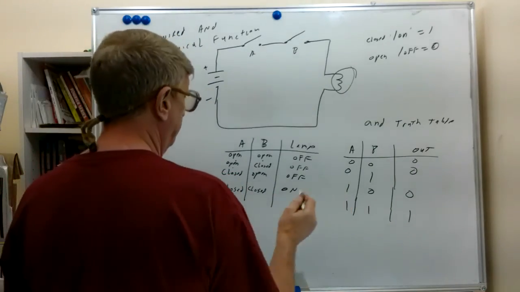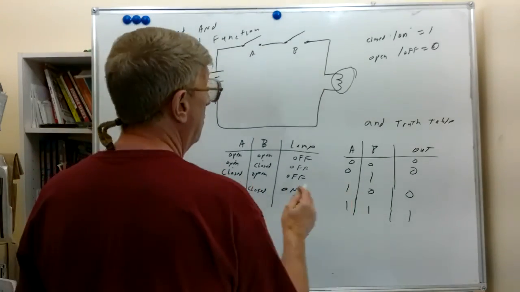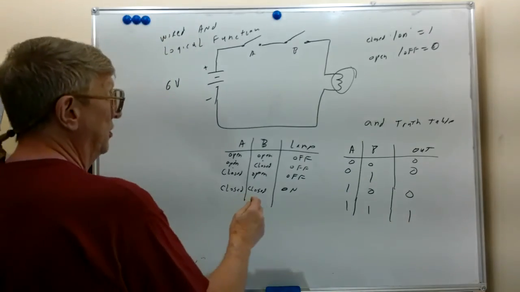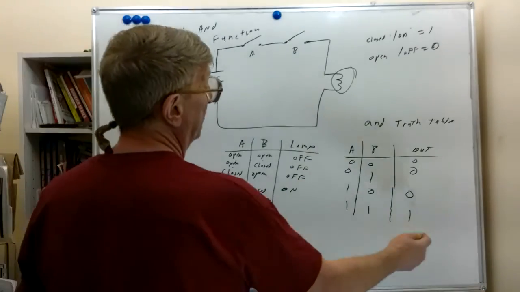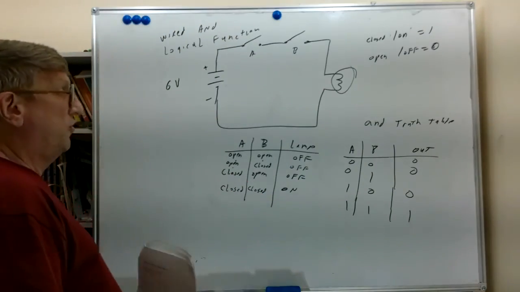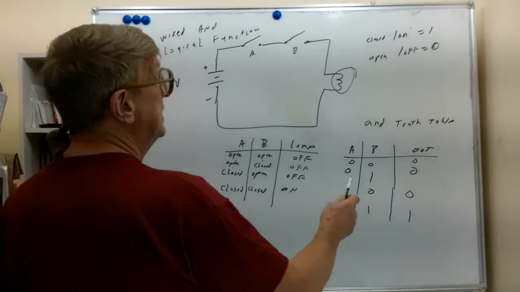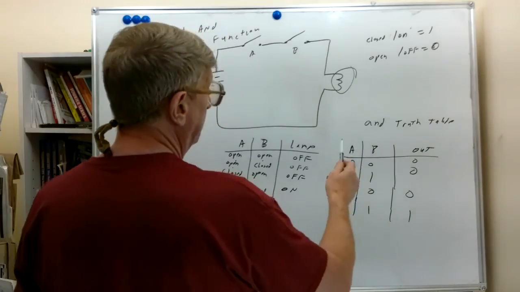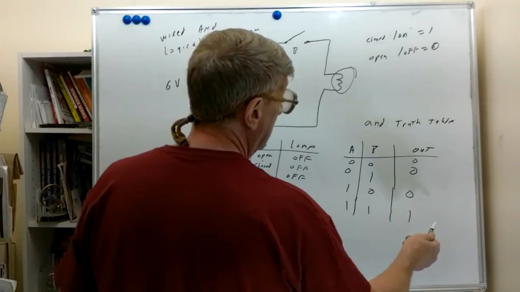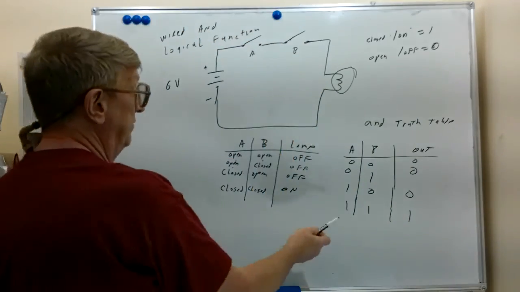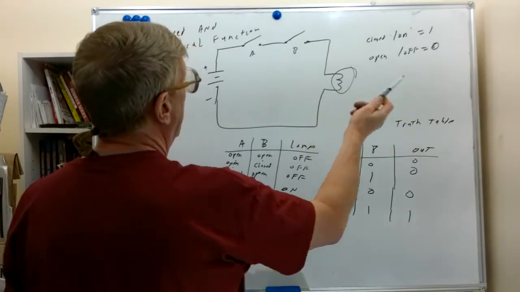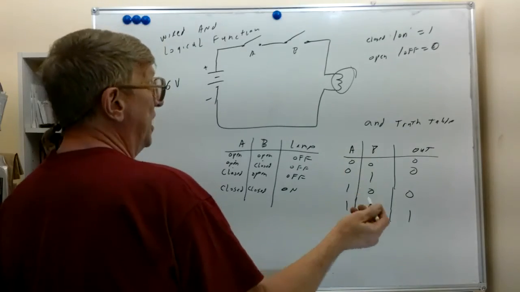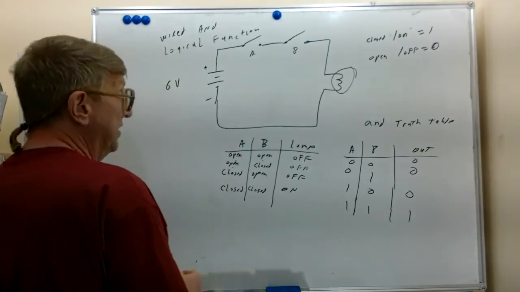Closed was 1, open was 0, off was 0. Closed, closed, and on were all 1s. So we're showing that for this AND function we need truth for both inputs to get a true output. And we're calling closed and lit, closed and on, true in this case.